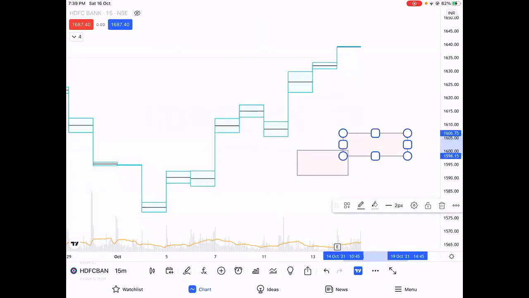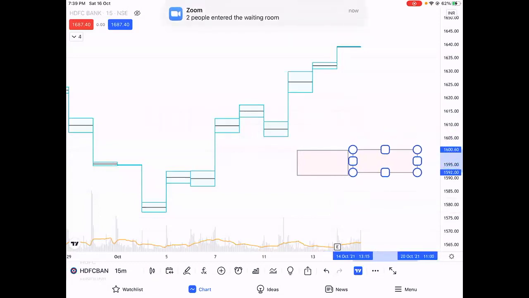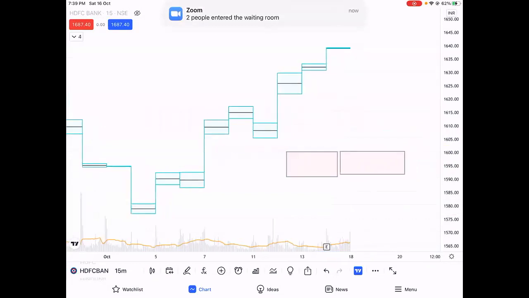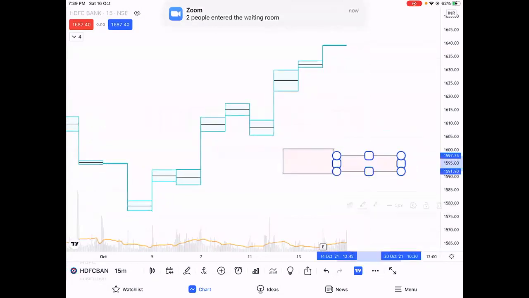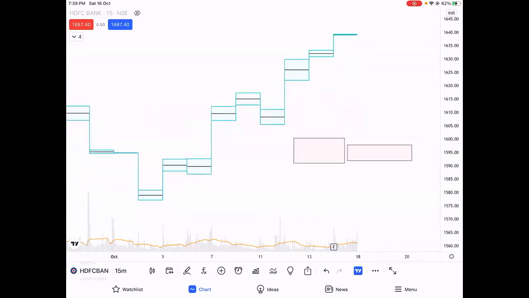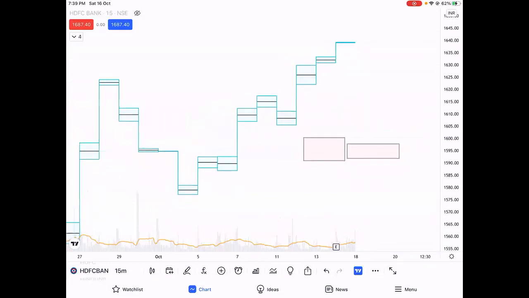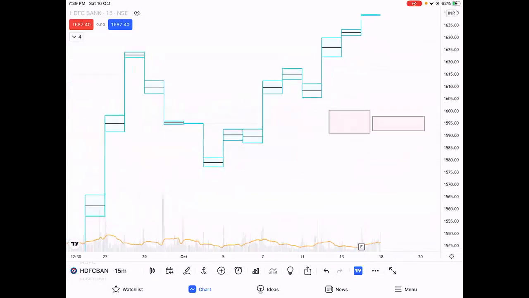Now, if I slightly move this rectangle towards like this, which you will spot on the chart, you can see this particular formation here. Have a look here.